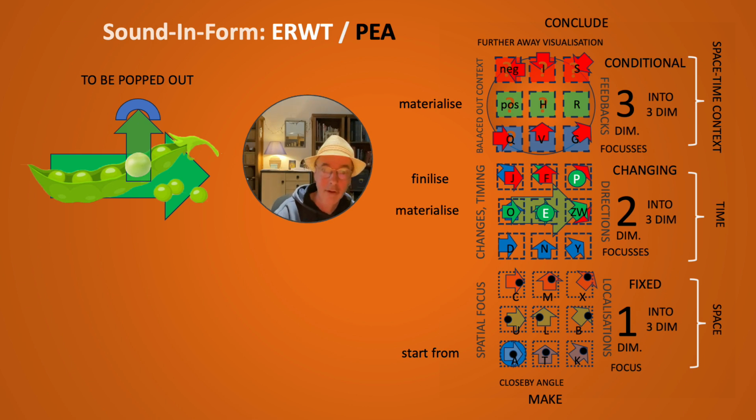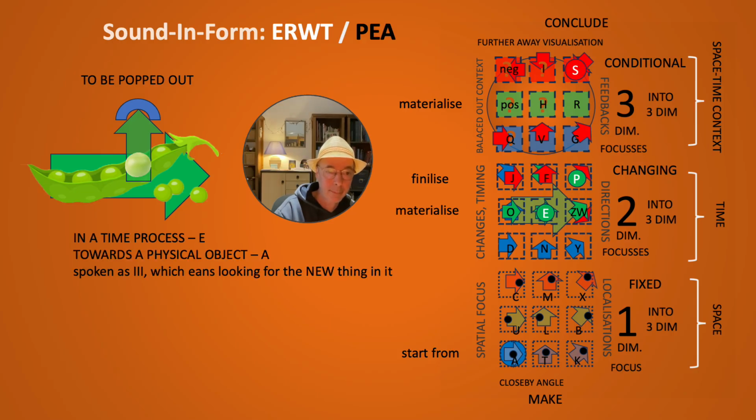It's the same kind of thing, of course. So you have the P with the E combined, and so with the A to it, you also say, yes, I have a physical object for it. It is written as E and A, so there is a time process, and in the end, a physical thing, pronounced as E. It also has this small reminder.